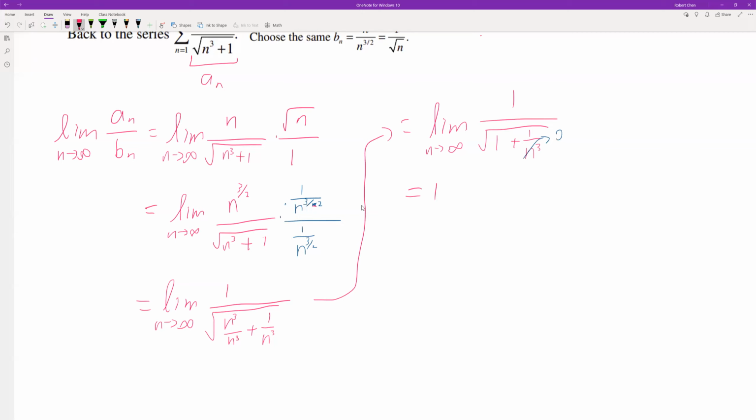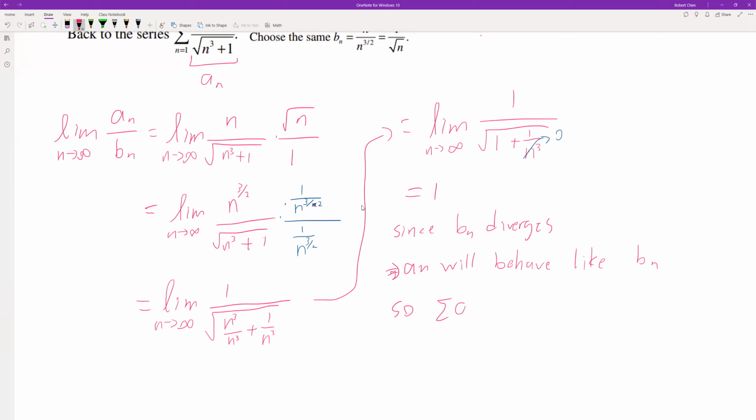A 1 means an and bn grow at the same rate, so they both behave the same way. Since bn diverges, an will behave like bn.